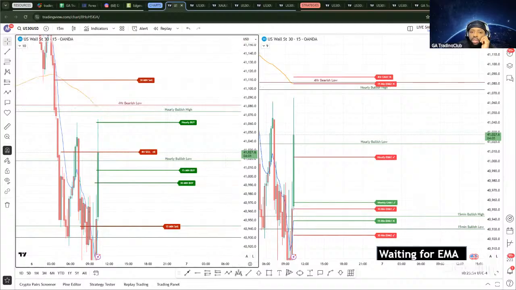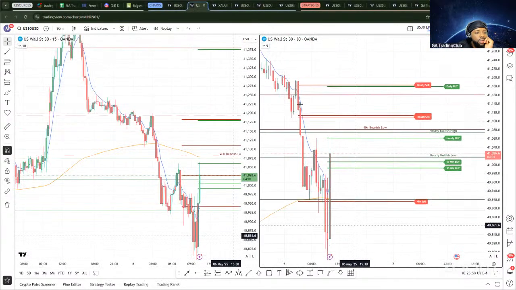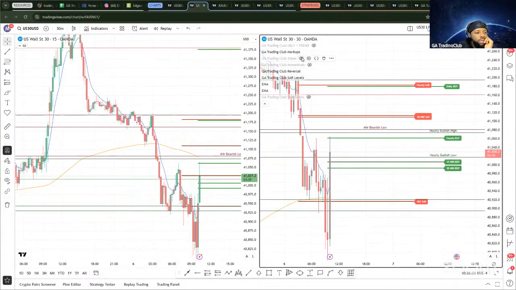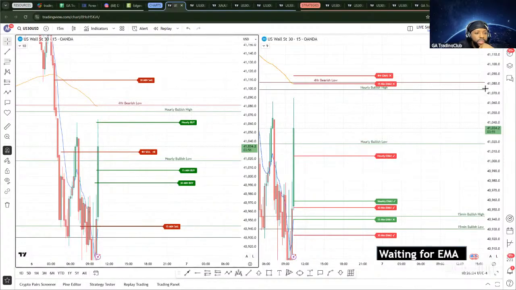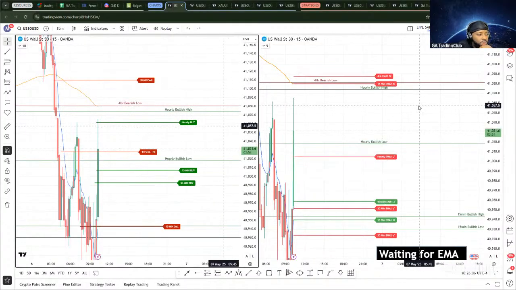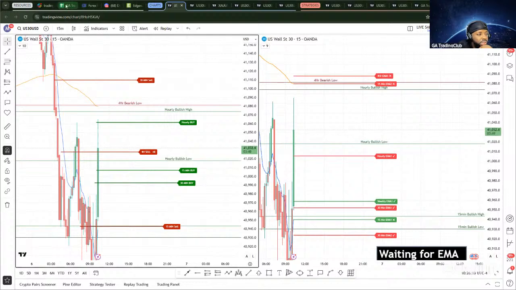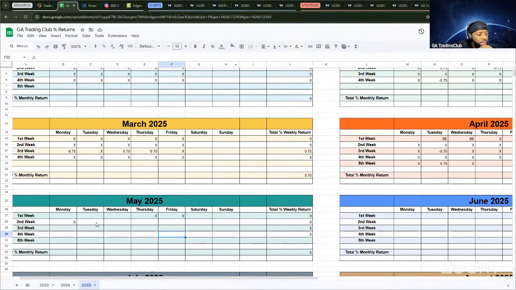So there's nothing actually there. There's nothing there. There's no supply zone there as well. So that will be it for today's session. So for today, unfortunately, that was a loss, so minus 0.75.